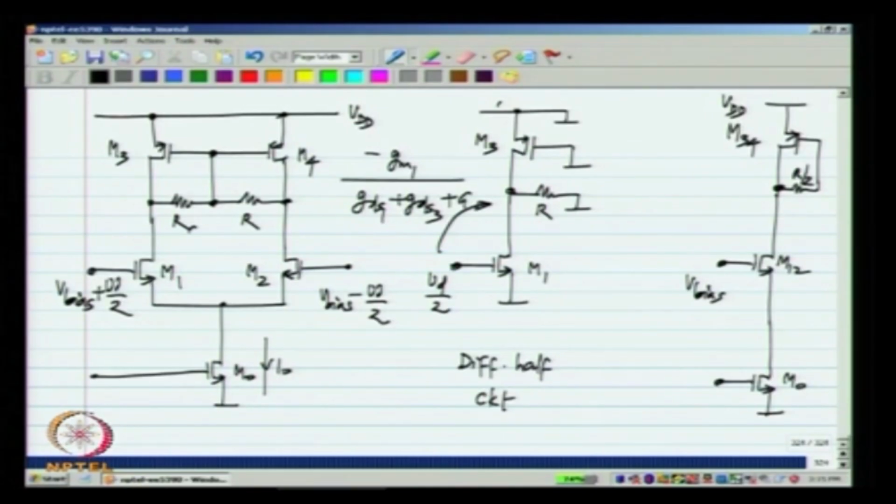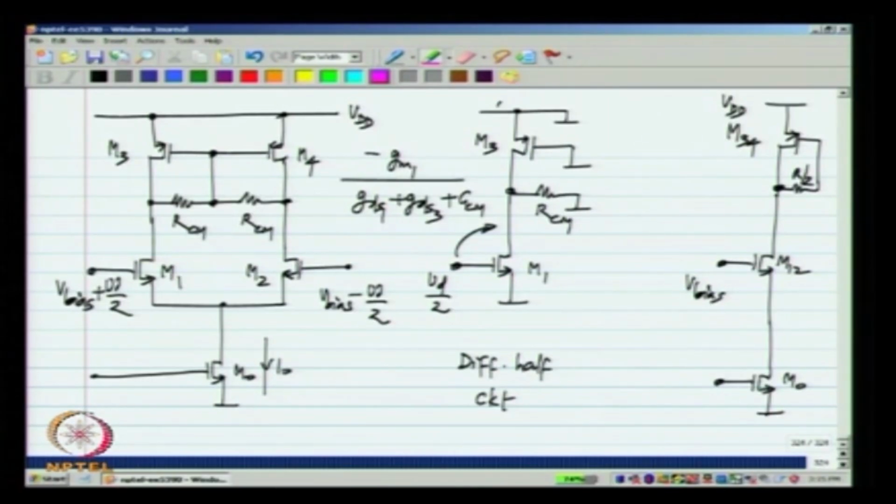Just to make it explicit that we put it there for common mode feedback, let me rename that RCM, and the reciprocal of that is GCM, and you can see that this GCM reduces the DC gain of the op amp. Okay. Normally we would have got GM1 by GDS1 plus GDS3, which by the way is exactly the same gain that we get for a single ended single stage op amp.